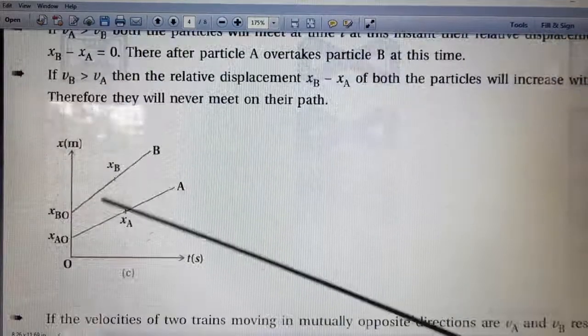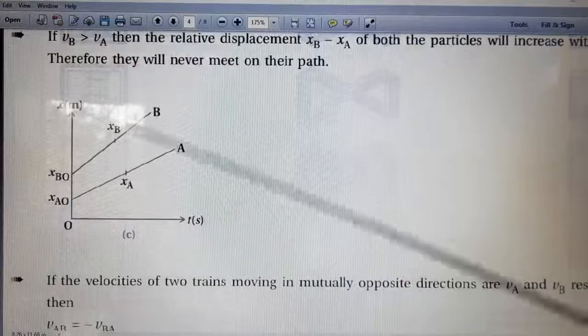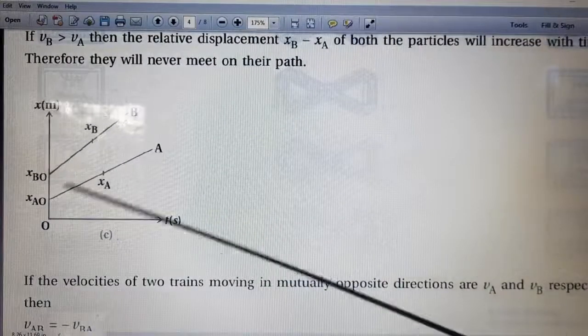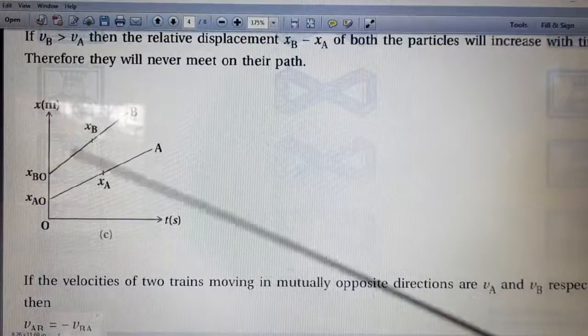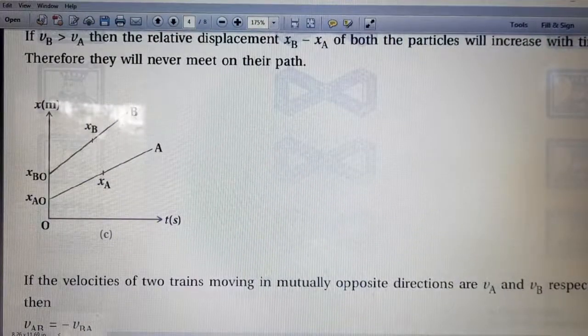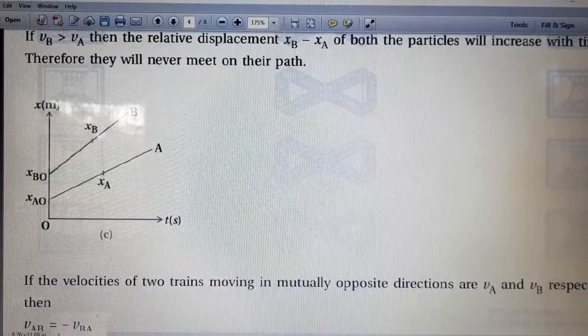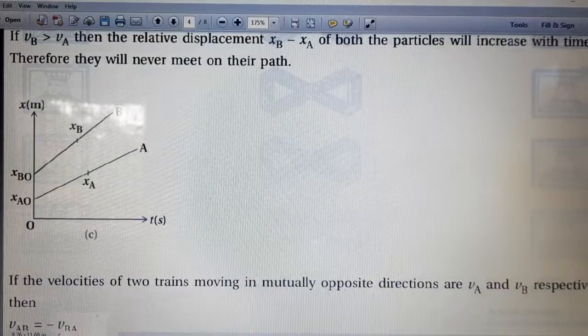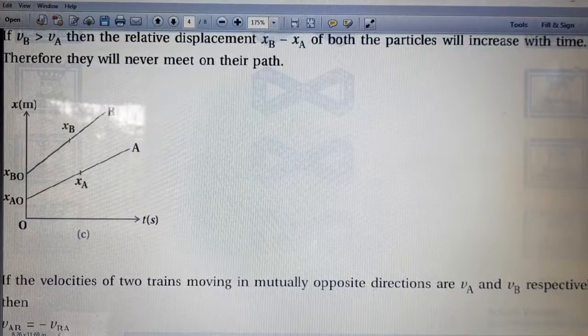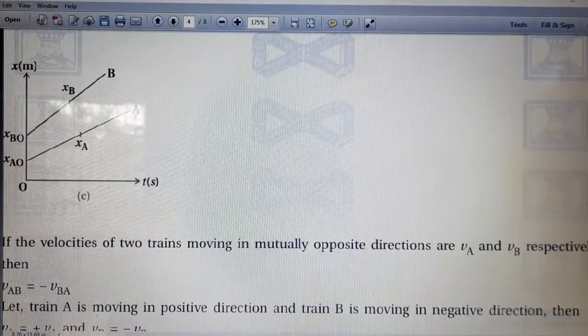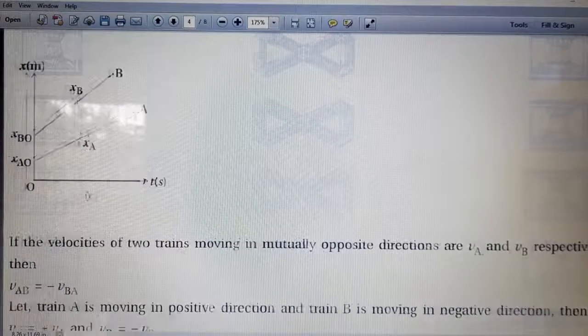Look here. Here the velocities of the two particles are different. This is for particle A, this is for particle B. The velocities of two trains moving in mutually opposite directions are VA and VB respectively. Then we can write VAB is equal to minus VBA.